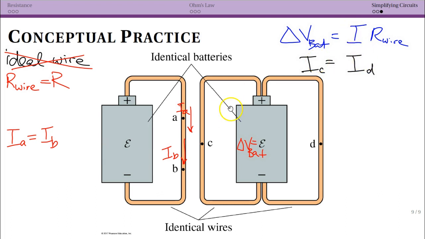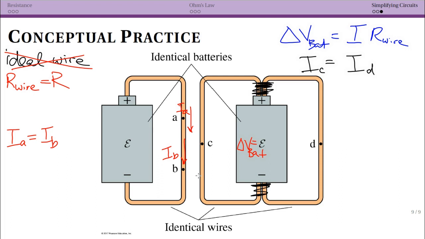So lastly, let's try to compare these two circuits and think about what is happening. This is where a future technique about combining resistances will actually make this a little more straightforward, but let's try to do it conceptually. So let's say that the first part of the wires don't matter, right? Let's just ignore that.